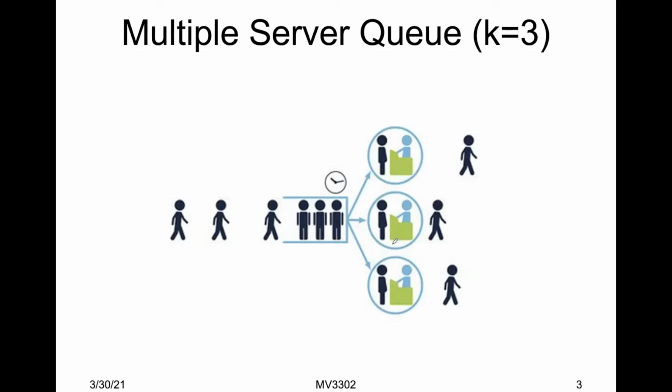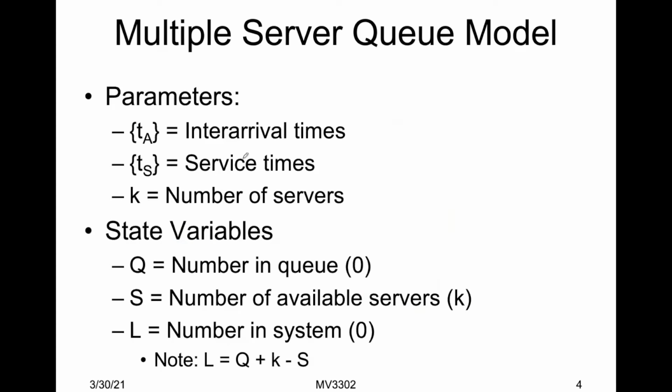We're going to start with the simplest one, in which case we're going to assume that there's just one server. So that's okay, multiple server model. But first let's create the model. Remember, we have parameters, we have state variables, and then we have our events, which are based on the state transitions and the relationship between them.